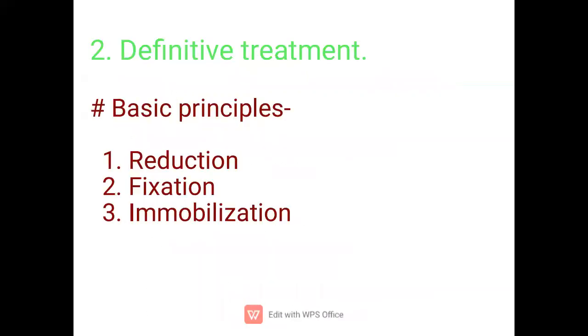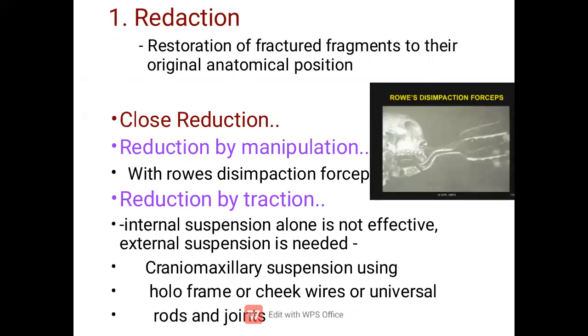Then coming to definitive treatment. So basic principles are reduction, fixation, and immobilization. In reduction, reduction is restoration of the fractured fragments to their original anatomical position. It can be closed reduction or open reduction. Now closed reduction is done by manipulation using Rowe's disimpaction forceps.